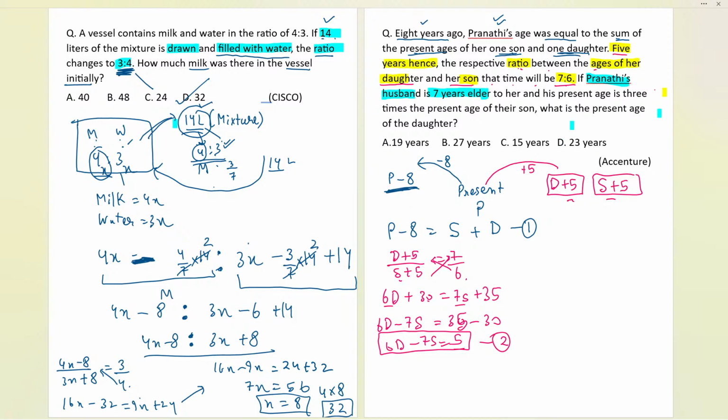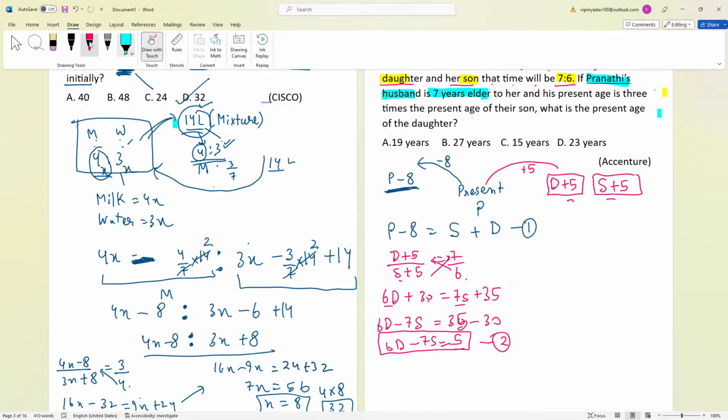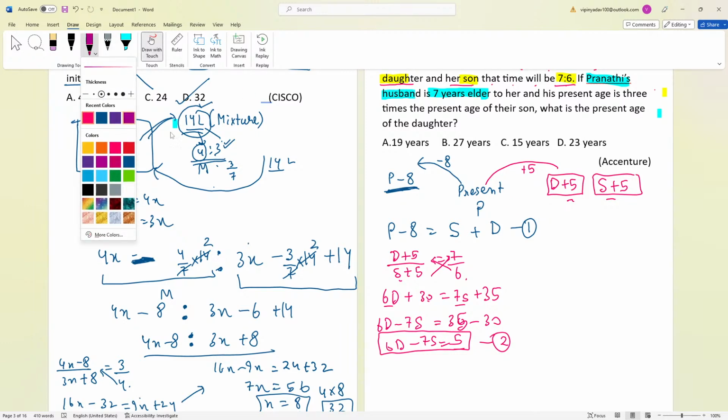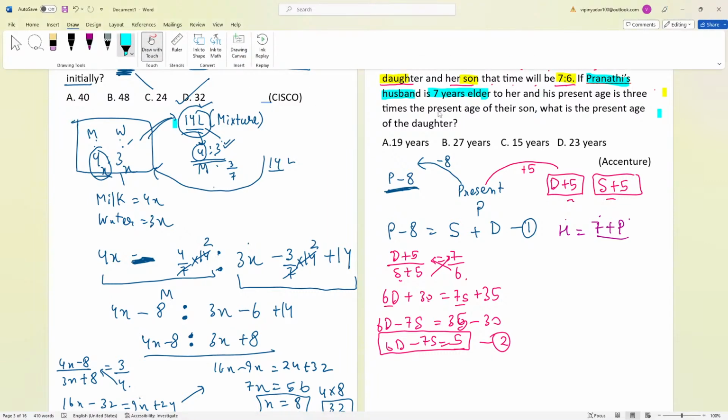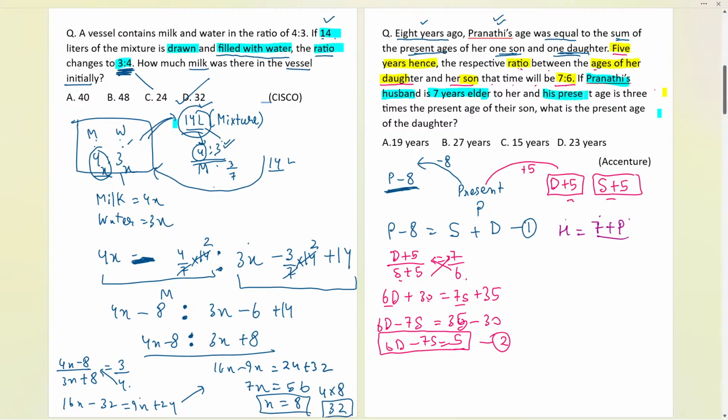Now, can I say, if Pranthi's husband is 7 years elder, the age will be like this. Let me write over here. If Pranthi's husband is 7 years elder to Pranthi only, na, so 7 I'll add to the age of Pranthi and the husband's age will be obtained like this.